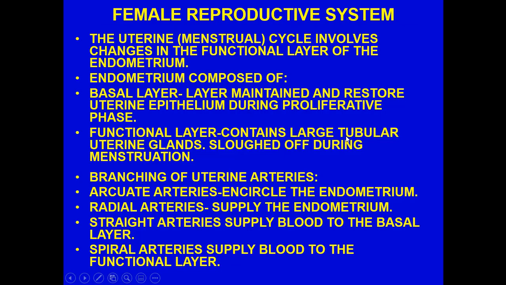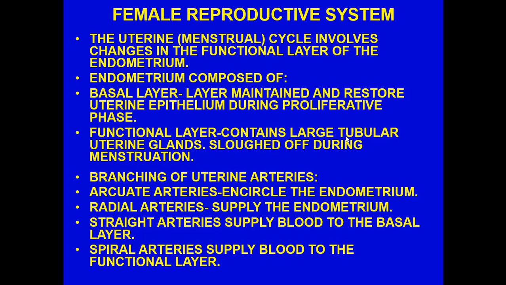All right. Now, the uterine cycle, otherwise referred to as the menstrual cycle, involves changes in the functional layer of the endometrium. The two layers of the endometrium we're focusing on are the basal layer and the functional layer. The basal layer is a layer maintained, and it restores the uterine epithelium during the proliferative phase.